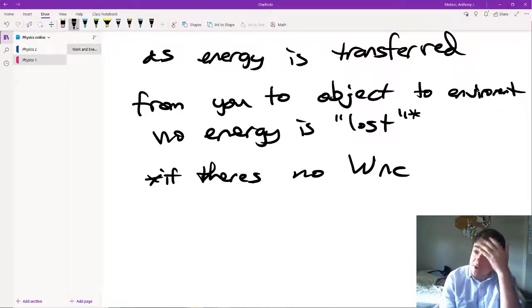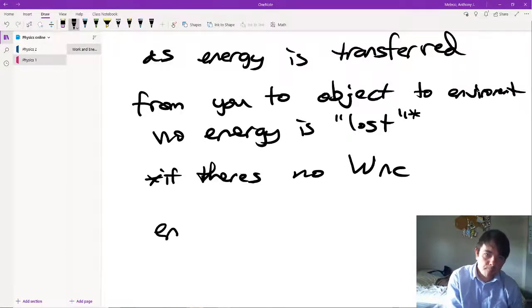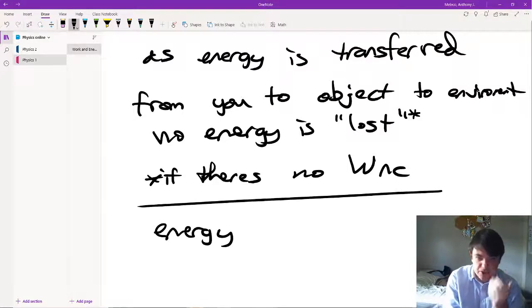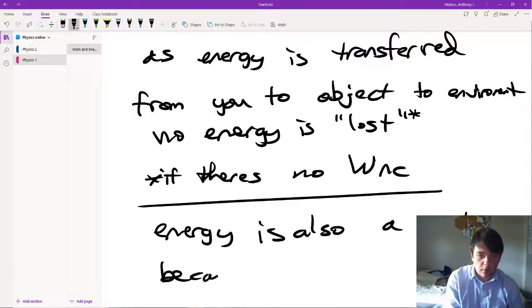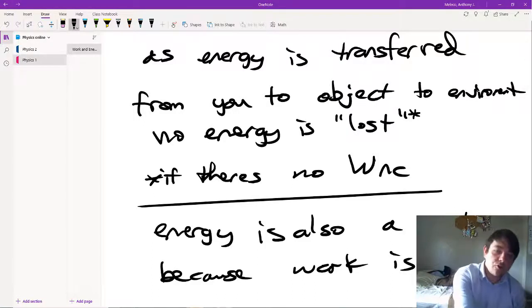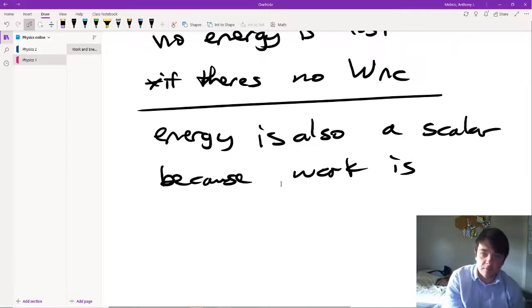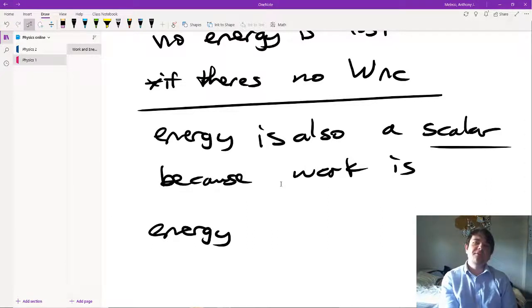And I should also mention, now that we're talking about energy, one last thing I forgot to mention, energy is also a scalar, because work is, which means energy also is, and this is why some people like working with energy more, because you don't have to deal with vectors, which can be annoying for some people.